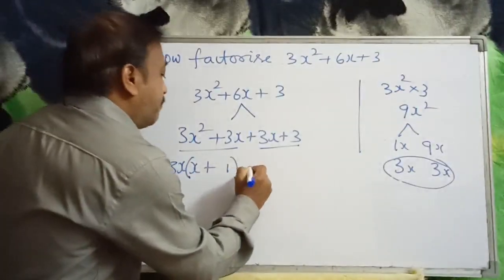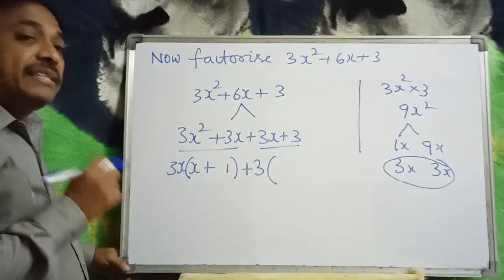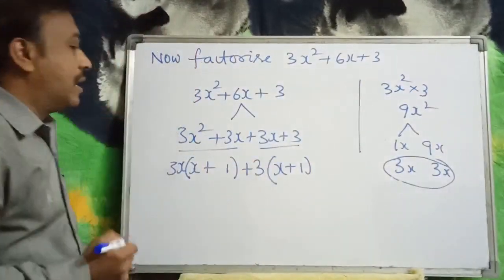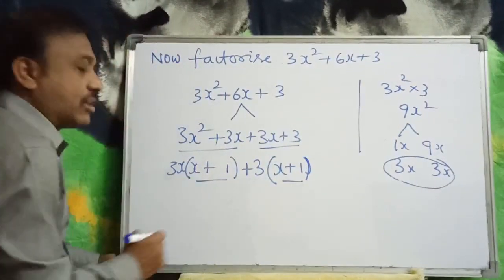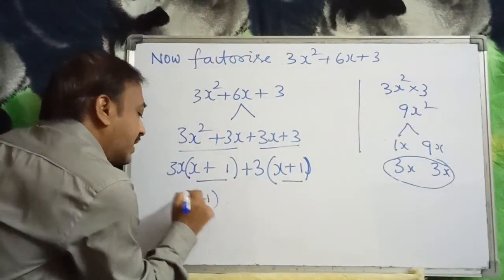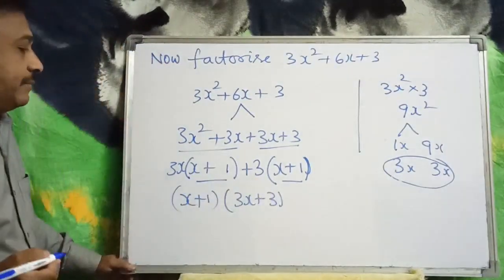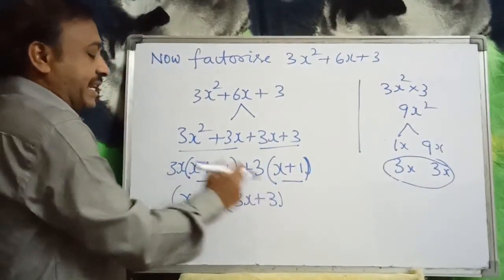If you take out plus 3 common, then x plus 1. Now in both the places, x plus 1 is common. So x plus 1 into 3x plus 3, the leftover terms if you take out x plus 1 common.